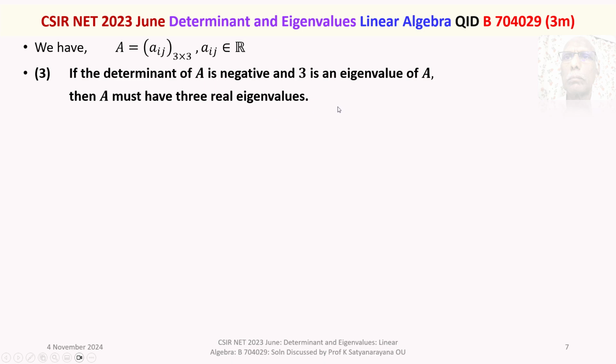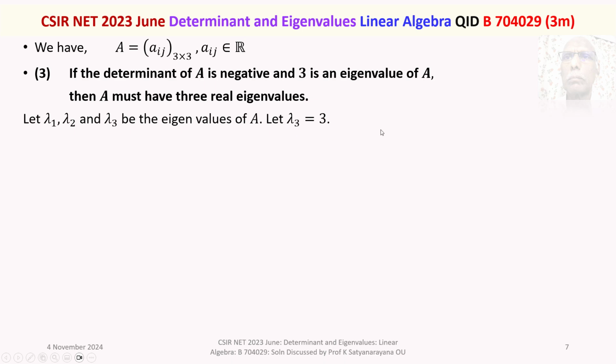Is it so? Yes, we will show you it is true. It is a 3 by 3 matrix. Therefore, we consider lambda 1, lambda 2, lambda 3 to be the eigenvalues of A, and it is given one of the eigenvalues is 3. Let us take lambda 3 equal to 3.